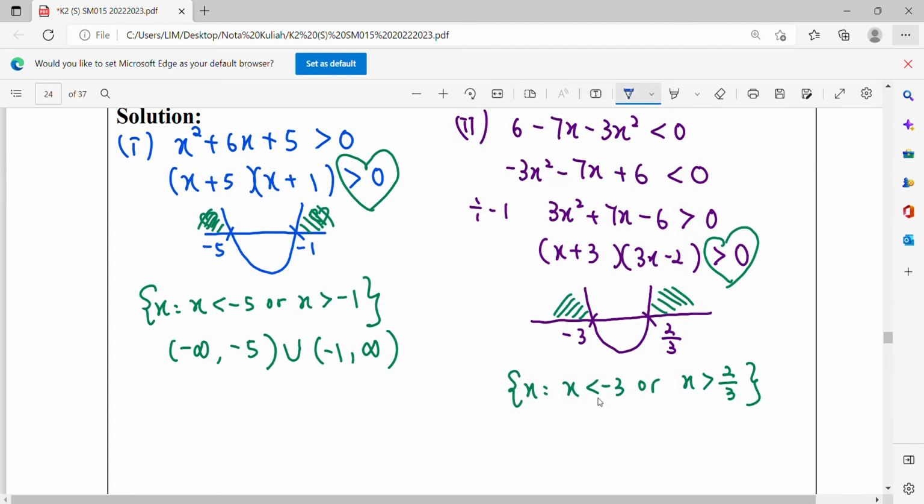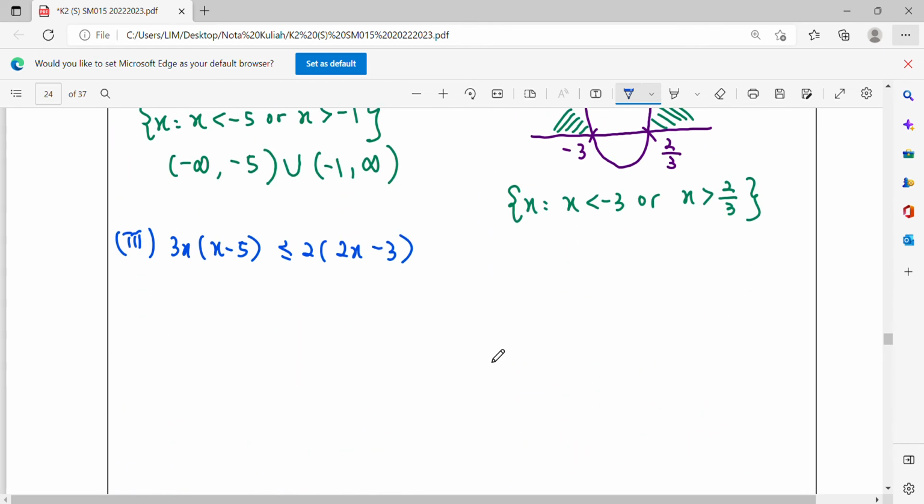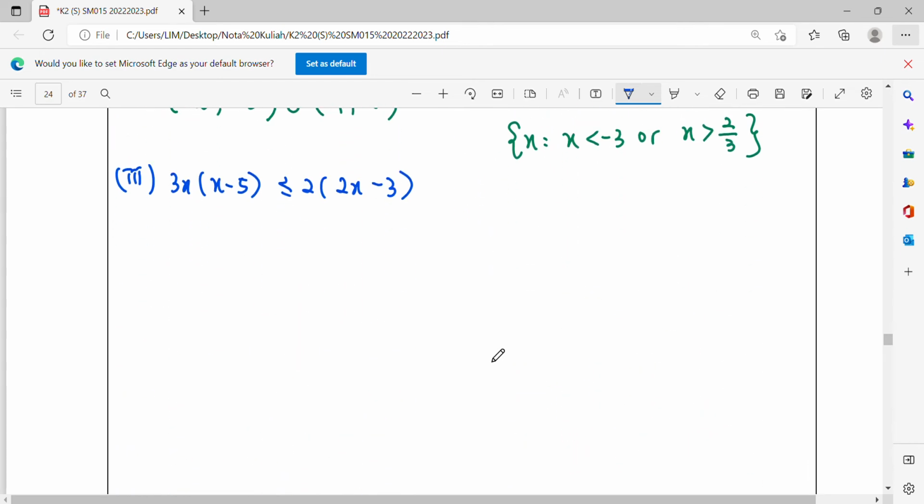For question 3. Okay, so for question 3, although we see this is x only, because it hasn't been expanded. After it is expanded, it comes to x squared, correct?